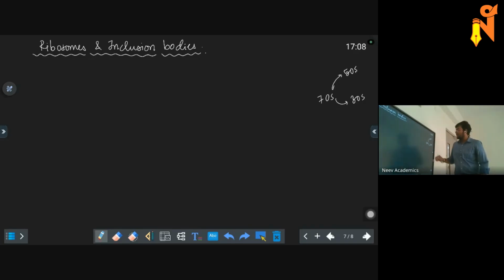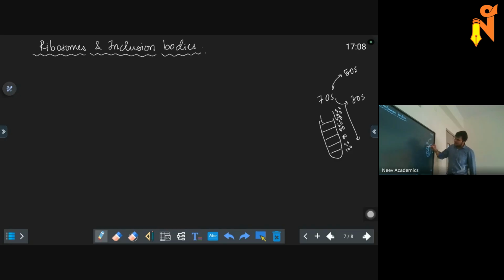Everyone listen carefully. If I take a test tube with a gradient, I am forming a gradient. I can take a sucrose gradient or a cesium chloride gradient. If I take a normal gradient here, 100%, 90, 80, 70, 60, 50, 40, 30, the gradient will increase like this.